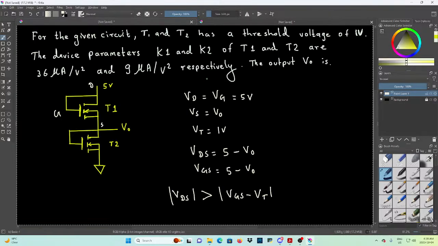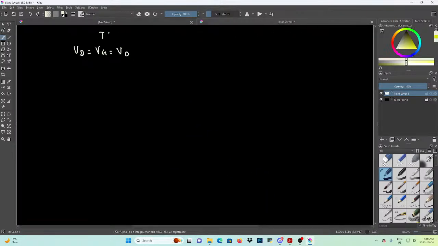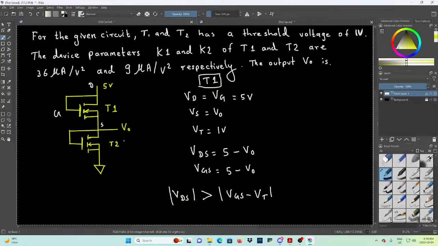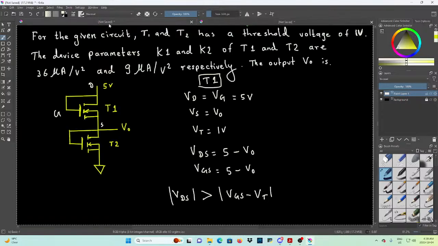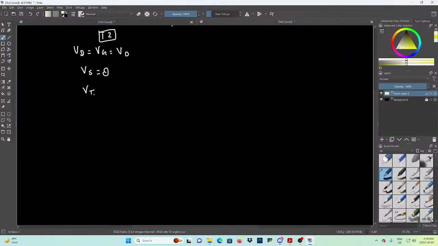Let's name this one as T1, this for the first MOSFET and this for the second MOSFET. The source is connected to the ground, so VS is equal to 0. The threshold voltage is the same for all of them, so here also the threshold voltage is 1 volt.